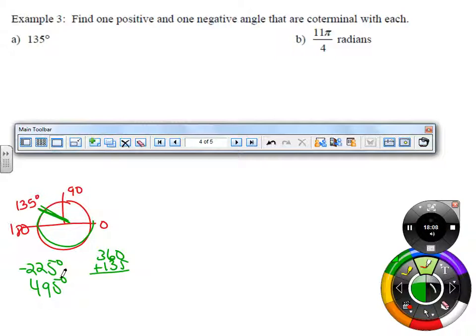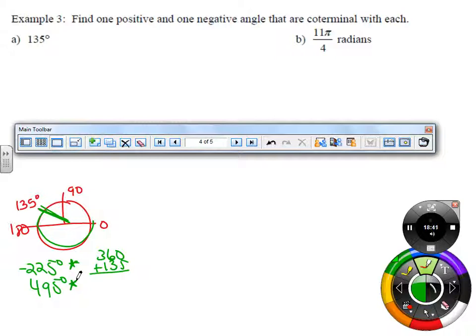Now, for the radians, okay, there's a couple ways you guys can do this. Essentially here, to get these two numbers, what did we do without the picture? To get 495 from 135 with the arithmetic, what did you do to 135 to end up at 495? Add 360. How did we get negative 225 from 135 if we just used arithmetic? Subtract 360. Okay?